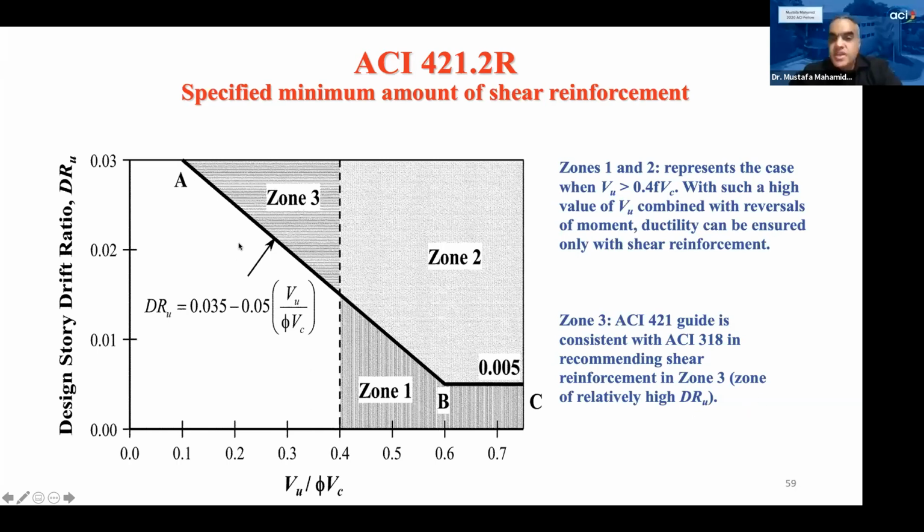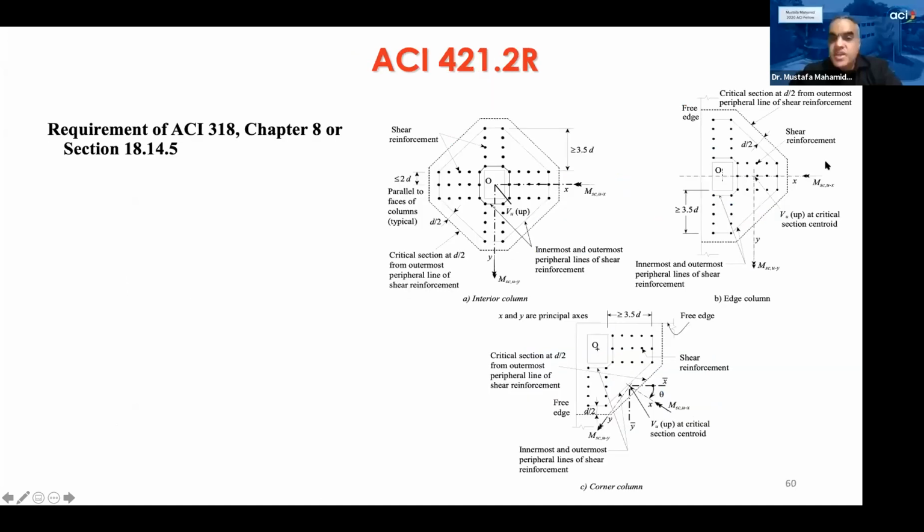So the provisions are here. They are similar in terms of the requirements for providing shear reinforcement. These are some of the details that are presented in the ACI code. You can see that for an interior column, an edge column, and a corner column, what is the extension of the reinforcement?